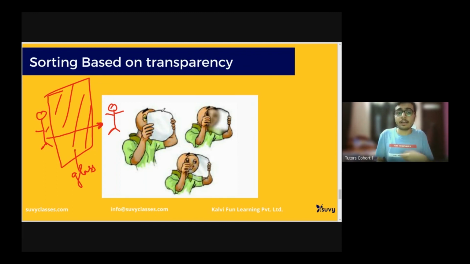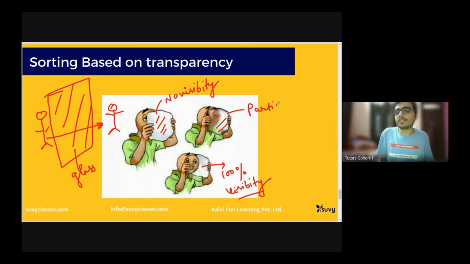There might be a material through which we cannot see at all, no visibility. And a glass wall, where we have 100% visibility. And there are a few substances which do not give 100% visibility. They may give partial visibility, partially visible, not fully.